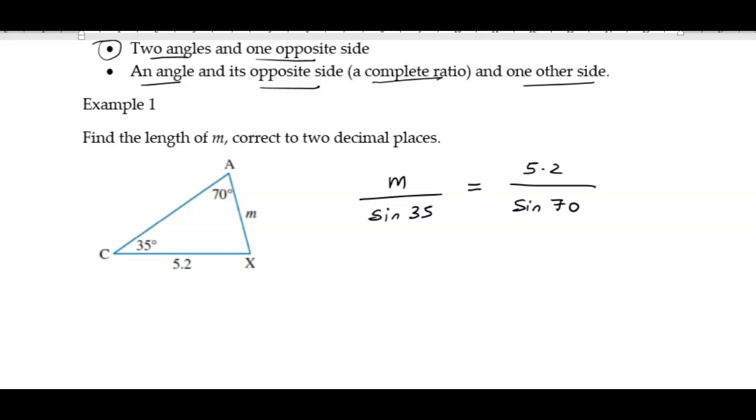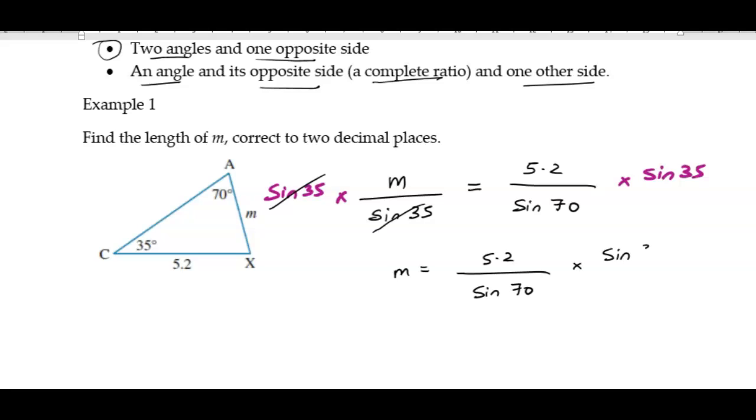To solve for m, we multiply both sides by sine 35. Sine 35 goes into itself once, so the solution is m equals 5.2 divided by sine 70 times sine 35. This is where we would need our CAS calculator.